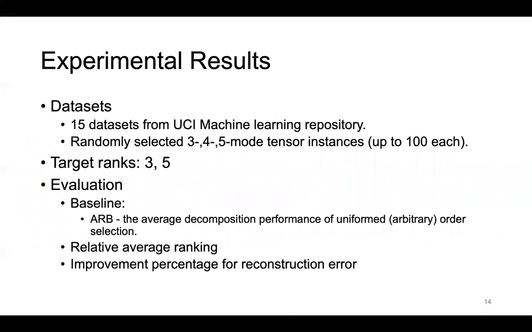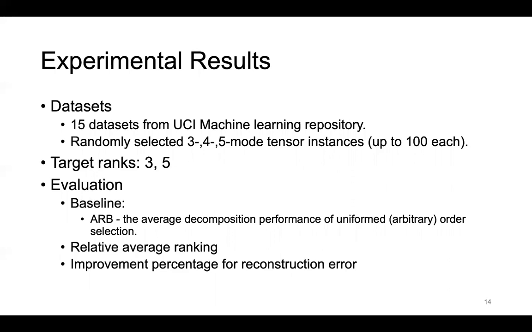So for the experimental result, we used 15 datasets from the UCI machine learning repository. And from this data, we randomly select 3 to 5 more tensor instances. And each instance has 100 samples. And we use the target ranks 3 and 5.